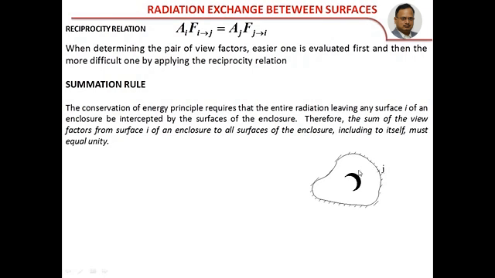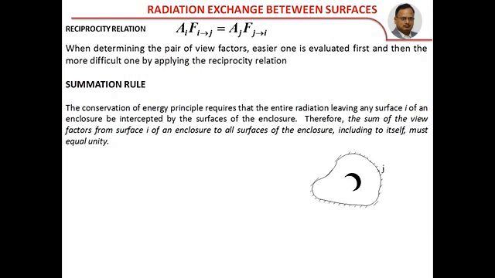The amount of energy emitted by this body should fall on the surrounding bodies and must be absorbed or reflected. So the energy emitted by an inside body like this has to be received by the surrounding bodies, which is nothing but the summation rule.